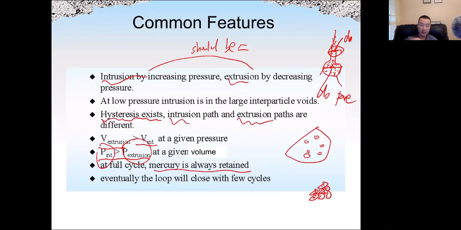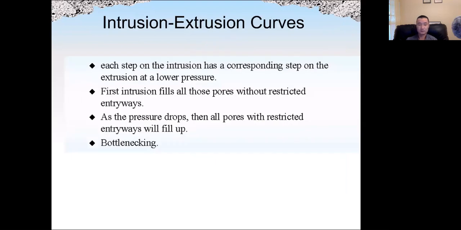If we keep doing intrusion and extrusion, the loop may be closed after these cycles, because the bottleneck can be damaged and the hysteresis will be smaller. Each step in intrusion has a corresponding step in the extrusion at a lower pressure, as we discussed here.